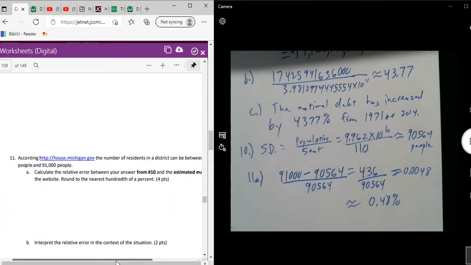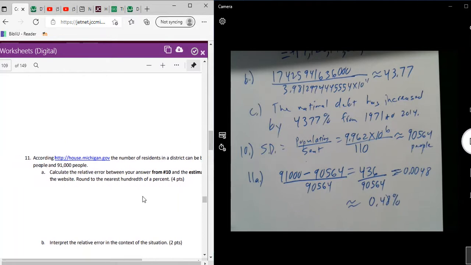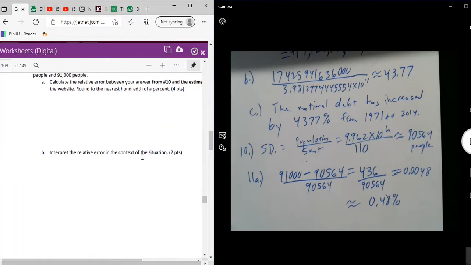That is the relative error. Now it says interpret the relative error in the context of the situation.